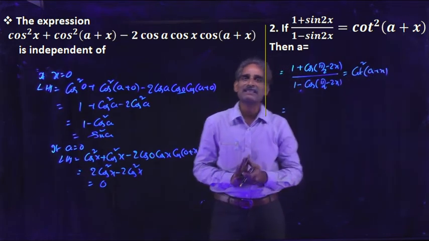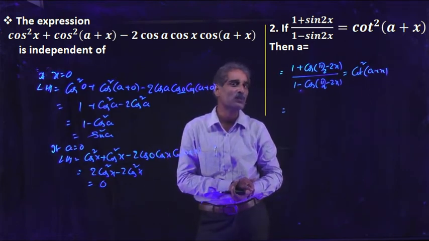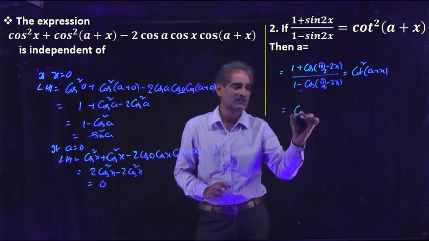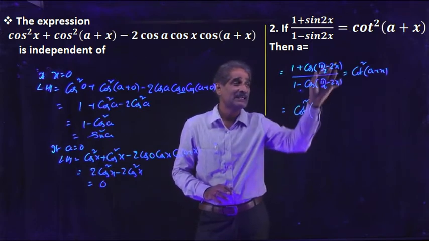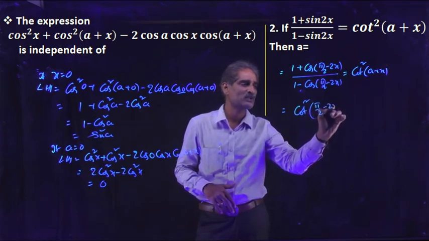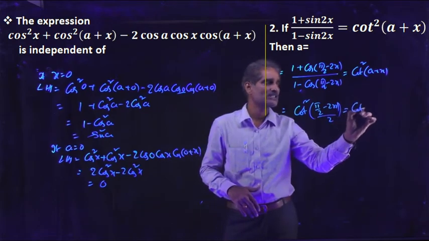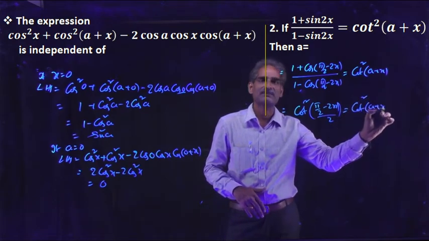So (1 plus cos theta) by (1 minus cos theta) is cot square theta by 2. So this is nothing but cot square theta by 2, that means (pi by 2 minus 2x) whole divided by 2, that is equal to cot square (a plus x).